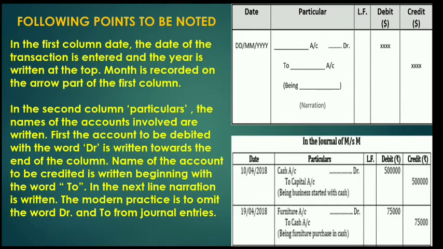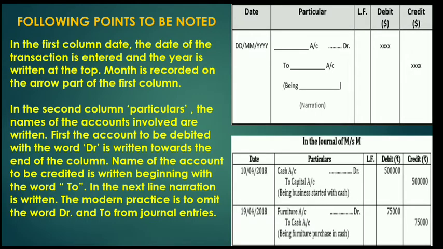In the next line, narration is written. Narration means a small reason. So it is written in brackets. Generally we always start the narration with "being". So, being business started with cash. Now, why is cash account debited? Because we have started a business with cash.